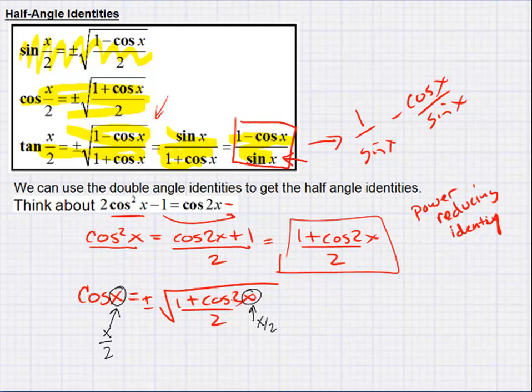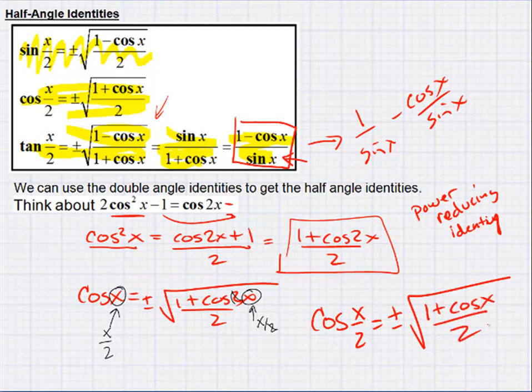However, this one was multiplied by 2, so the 2 and the half cancel. And what I end up with is the half angle identity, that cosine of x over 2 equals plus or minus the square root of 1 plus cosine x over 2. So that's where the identity comes from. This one is less important to know where it comes from, but it doesn't hurt.